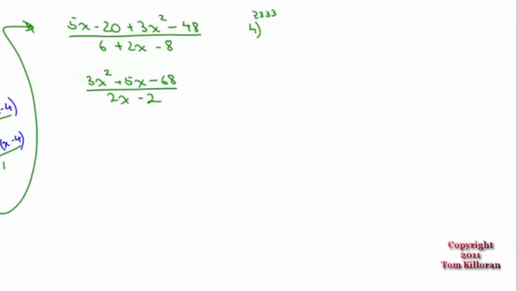So this is 6-4. Five over 4x plus 2 equals 1 over x. What can x not equal? 0.